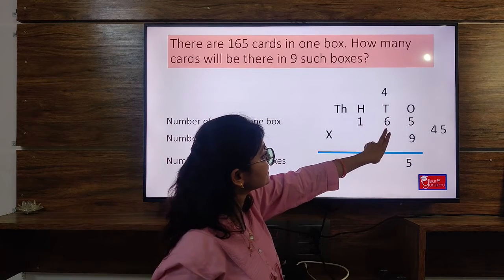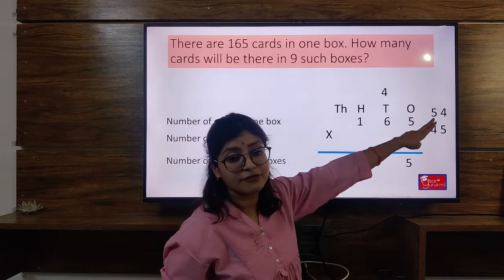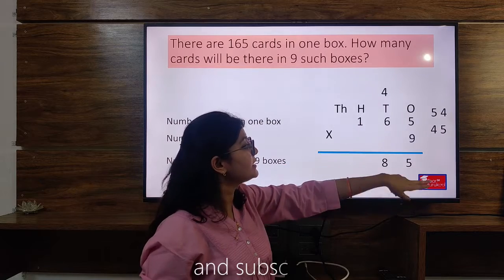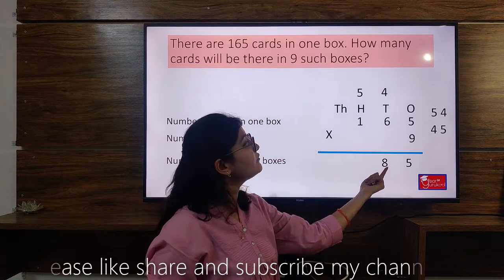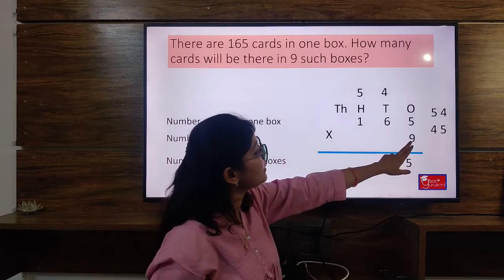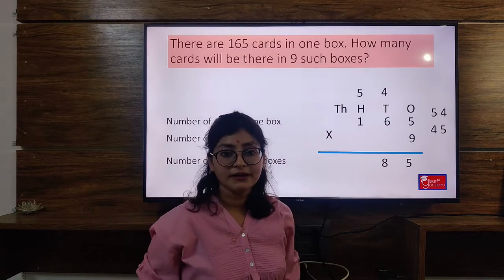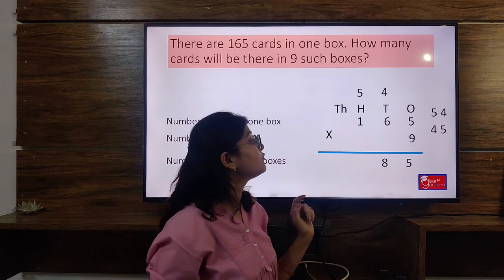Now 9 6s are 54. 54 plus this 4, it's 58, wherein 8 will come here and 5 will go as a carryover at hundreds place. Now let's multiply this 9 with 1. 9 1s are 9 and this 5, 9 plus 5 is 14.